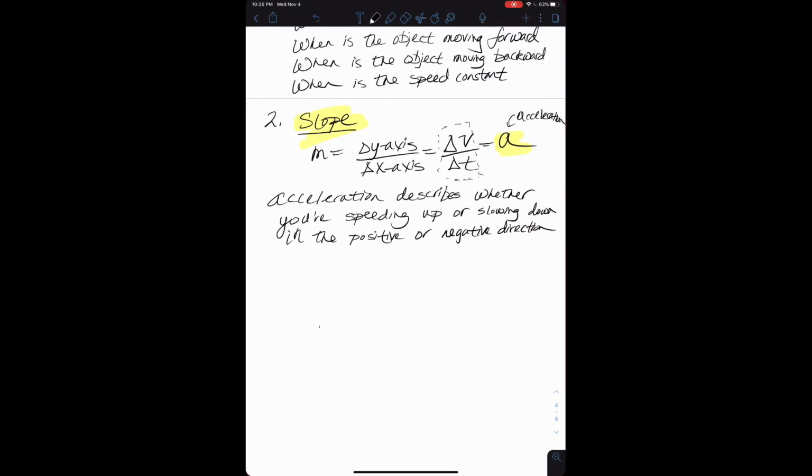Let's say you throw a ball up in the air. Ball goes to the top, stops, comes back down. Something like this.